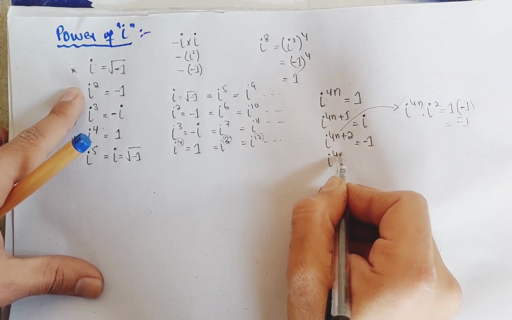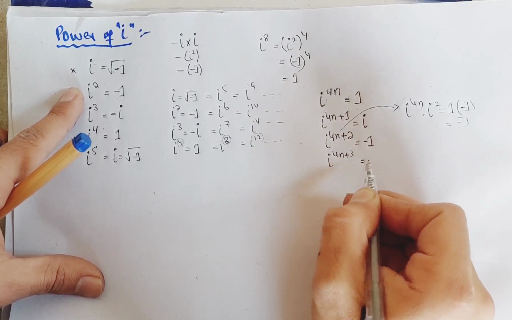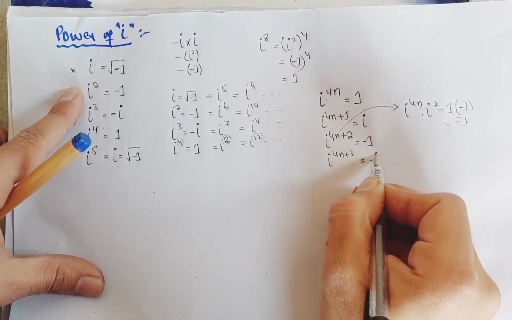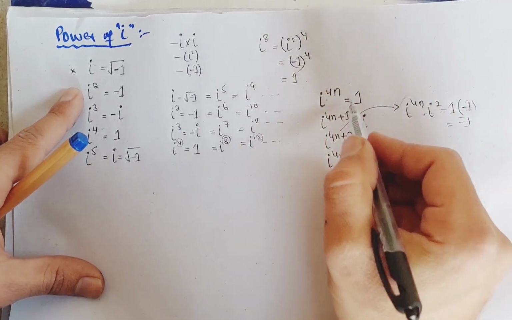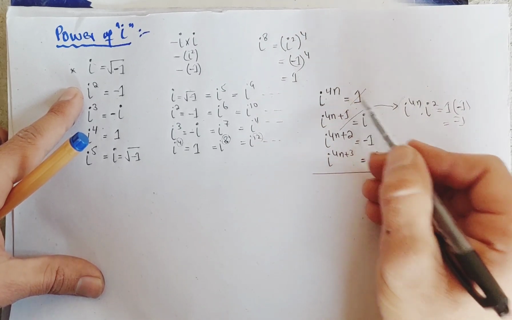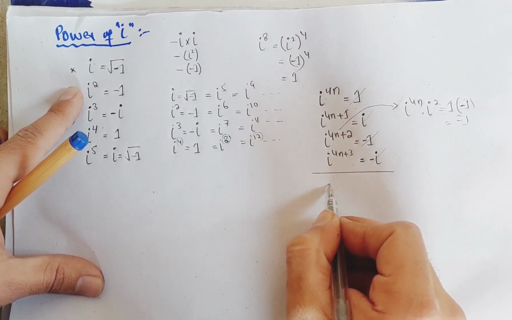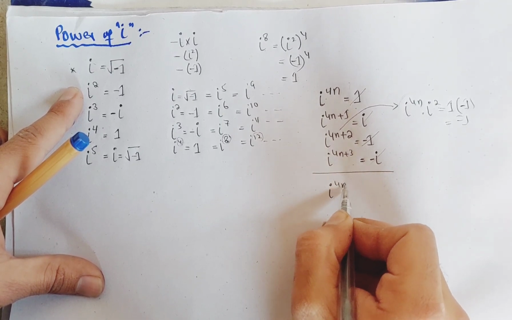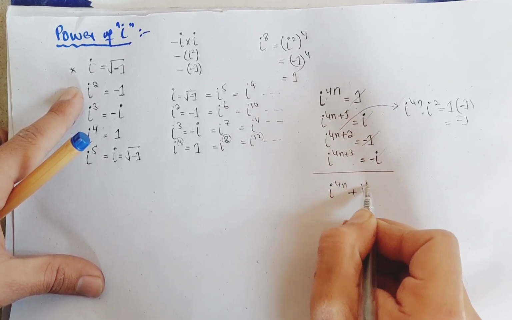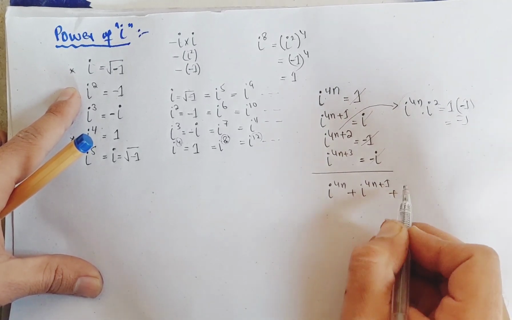So from this you can say, if I add these all, plus 1 minus 1 plus 1 plus iota minus iota, I can write it as iota power 4n plus iota power 4n plus 1 plus iota power 4n plus 2 plus iota power 4n plus 3.